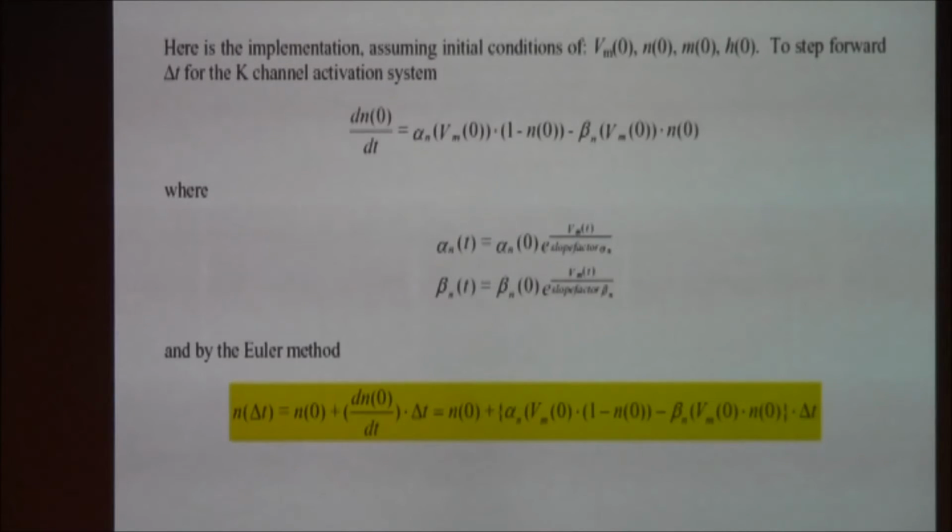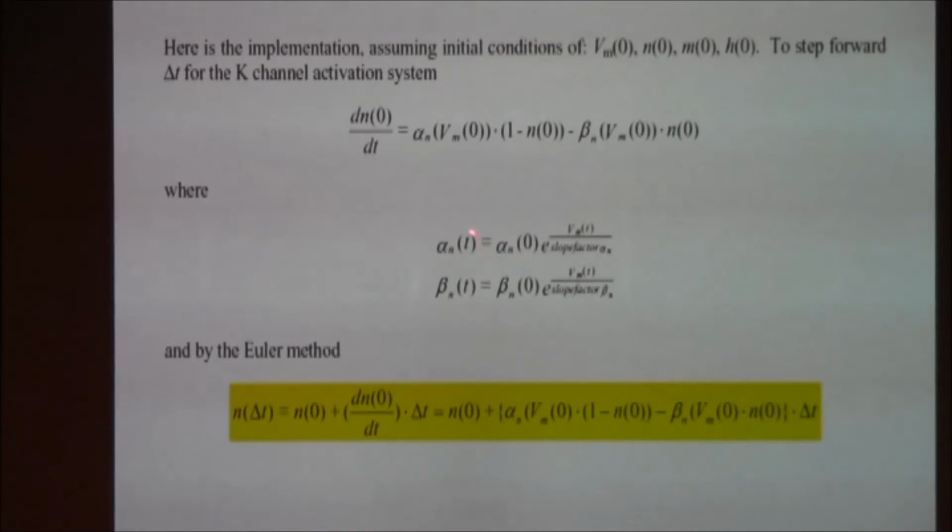So, how can we do this? Well, dn/dt for the n gate on the potassium channel, from time 0, would be given by this first order equation, right? Alpha of the voltage at time 0 times (1 minus n) minus beta of the voltage at time 0 times n0.